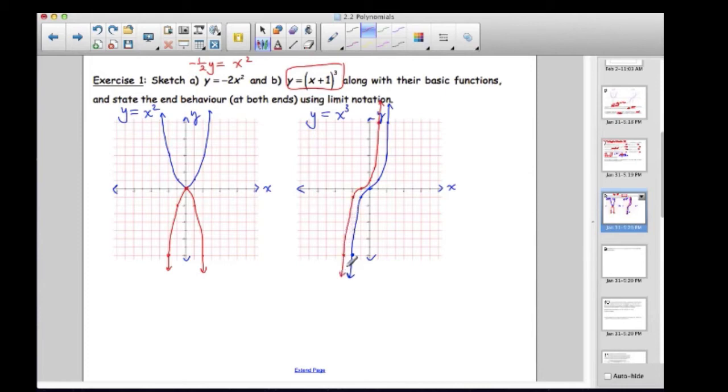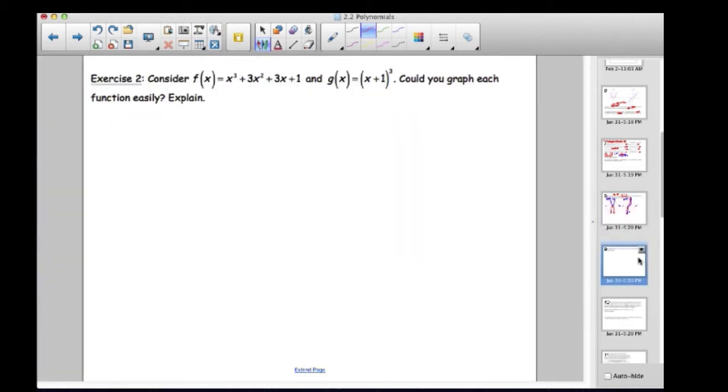So again, we can apply basic transformations to the parent functions and graph all sorts of functions without creating a table of values. Well, if we look at exercise 2, we've got function f of x and g of x. Which one is easy, or both, to graph? Because x shows up in all of these different terms, it's very difficult to see the transformations.